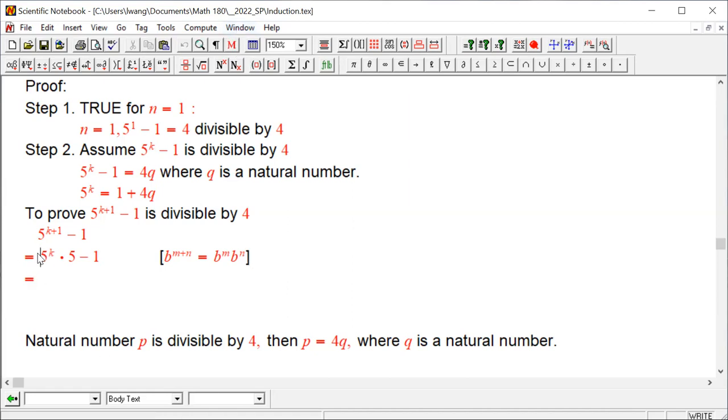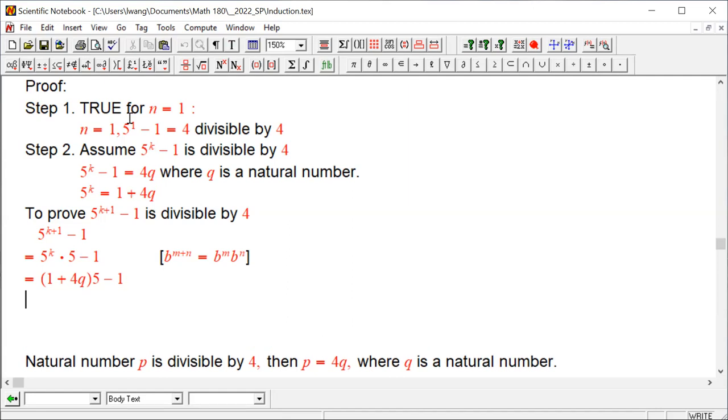And 5 to the power of k, what does it equal to? Well, we know that 5 to the power of k minus 1 is assumed to be divisible by 4, so we have this relationship. We're going to take 1 plus 4q to replace 5 to the power of k. And then we have times 5, and we have minus 1.